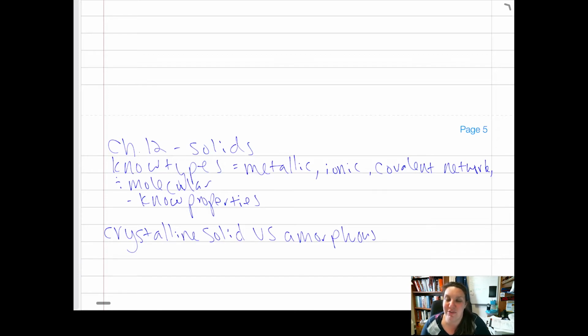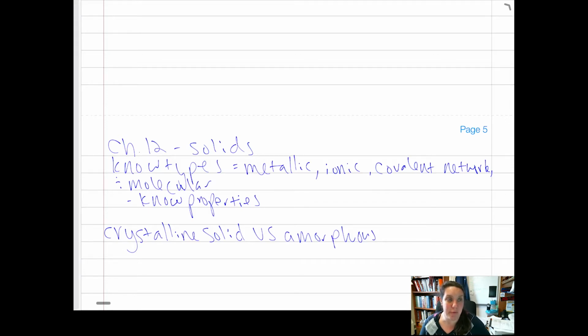However, they will be conductive in the liquid state. And then our covalent network are going to be high melting and hard. A lot of these are going to be semiconductors, so they have conductivity about them. Molecular solids also are non-conductive. So our molecular solids and our ionic solids are going to be non-conductive. Our metallic solids are going to be conductive, and then our covalent network are usually semiconducting.